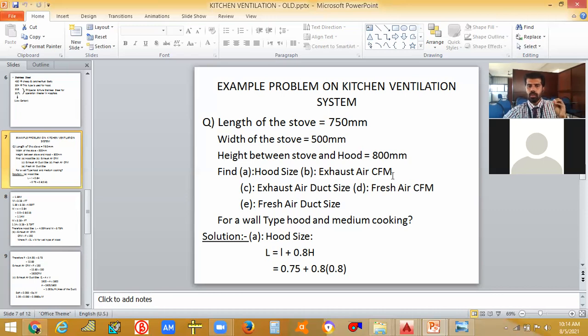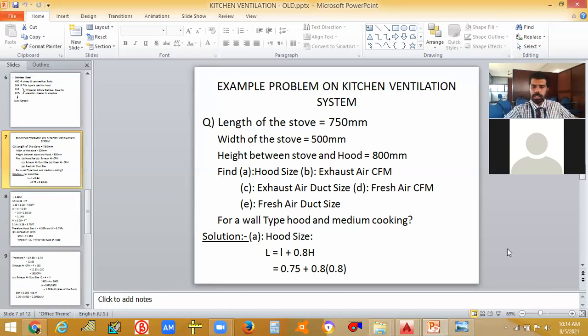So we have formulas for all these things. Here we are choosing a wall type hood and a medium hood. So we are choosing a wall mounted kitchen hood, and we assume that it is a medium hood. So first, how do we find the hood size? What is the formula?